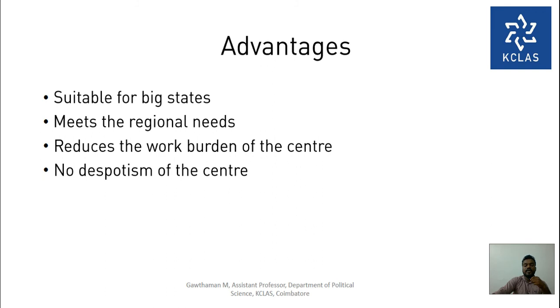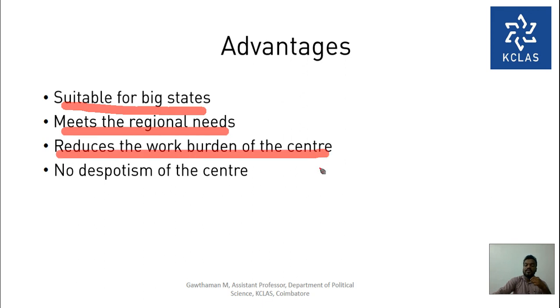Then, what are the advantages of the federal system? It is suitable for big states, and it meets the regional needs. It actually realizes the needs of the states and they work accordingly, because the state can take its own decisions. It reduces the work burden of the central government, because in a unitary system the central government is administering the entire nation and all the states also.